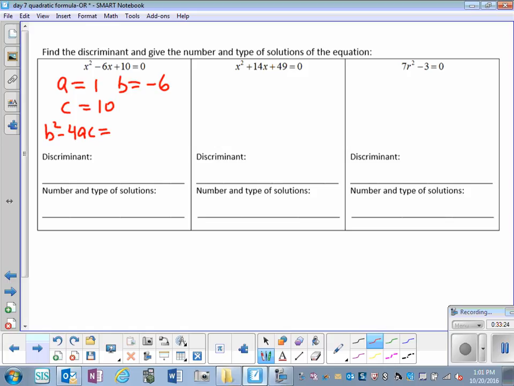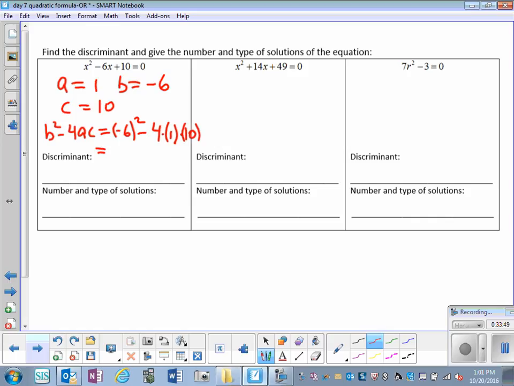So I can definitely calculate b squared minus 4ac. What is it? b squared is negative 6 to the power of 2, minus 4ac, which is 1 times 10. What is this number? Minus 4? Who calculated?